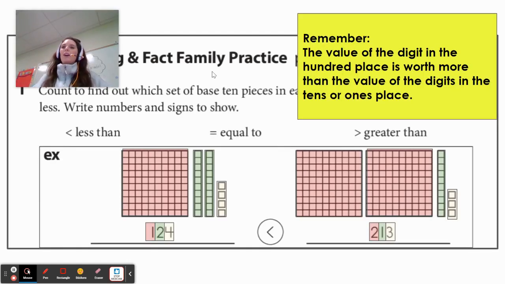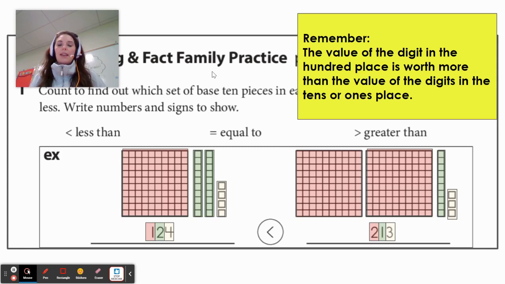Okay, now here we are, back with our numbers, 124 and 213. The second step in this activity is that you have to say, is the first number less than, equal to, or greater than the second number? Take a look, second graders.